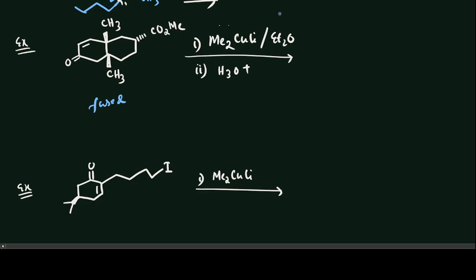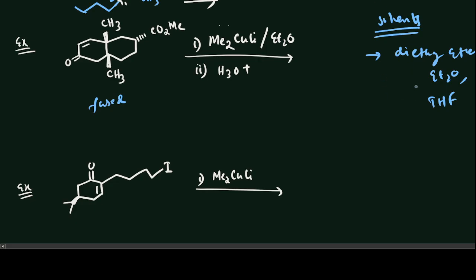Either it may be the solvents. Let's talk about the solvents. For Gilman reagents, the solvent is the same, like diethyl ether, that is Et2O, or we can say THF. So this type of solvent is taken for the Gilman reagents.